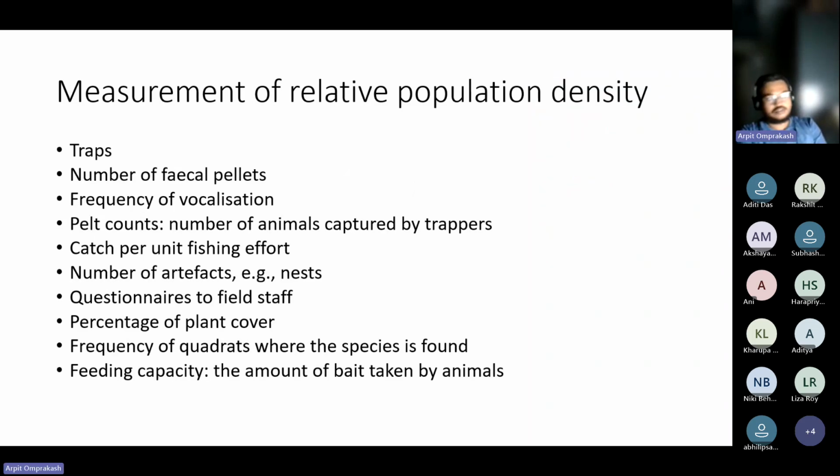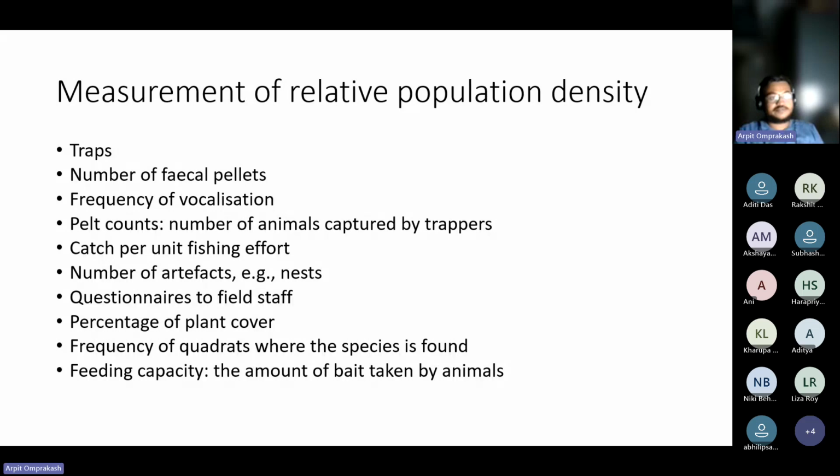So the measures that we talked about, the mark-recapture, the quadrat sampling, and the removal method, give us the absolute population density, the absolute population number. If you want to get the relative population density, we can use things such as traps, for example light traps.